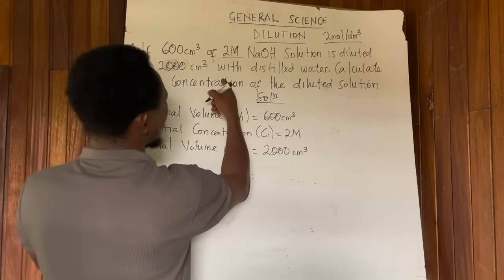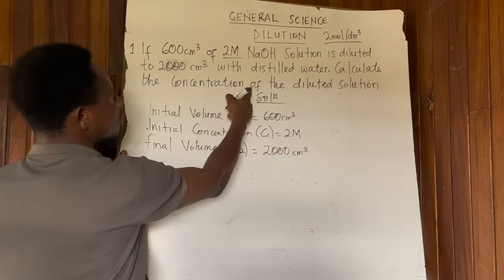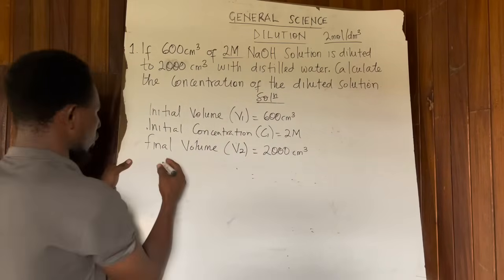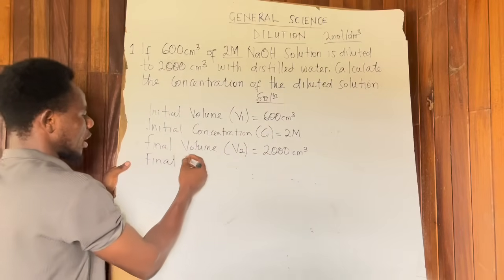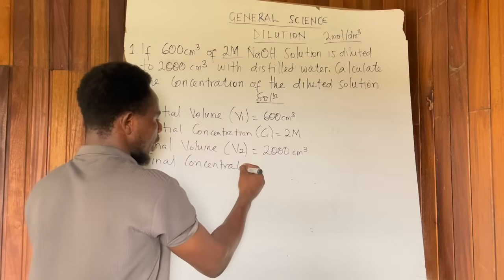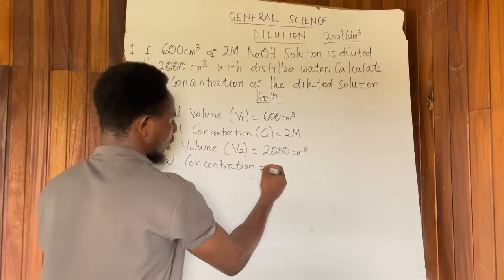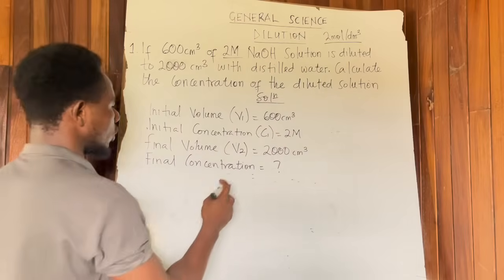Then we should, with distilled water, calculate for the concentration of the diluted solution. So that is our final concentration. Our final concentration was not given in the question, which is we don't know our final concentration.